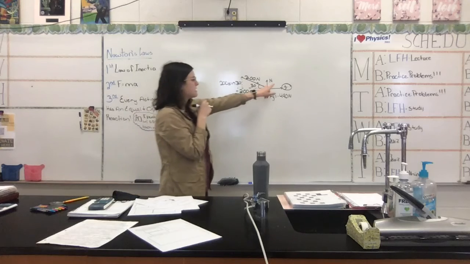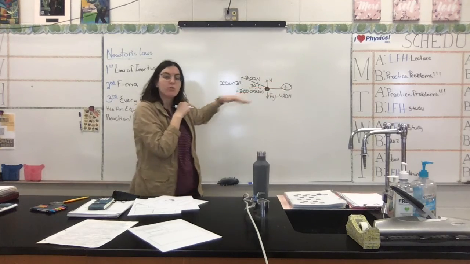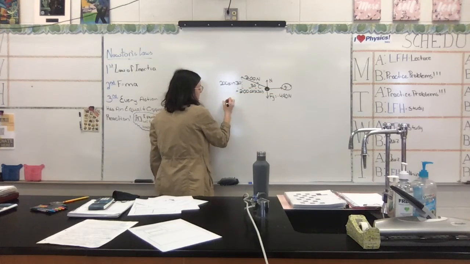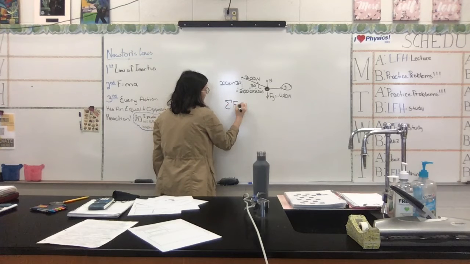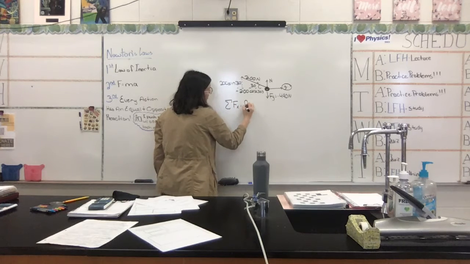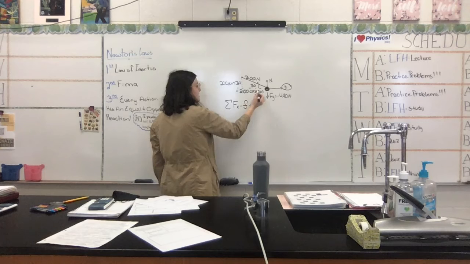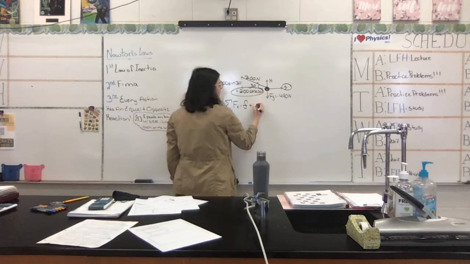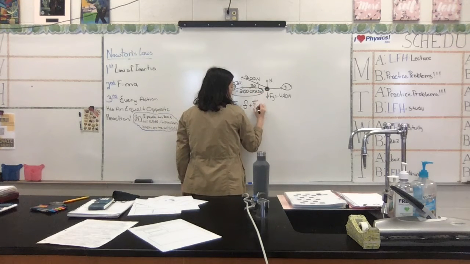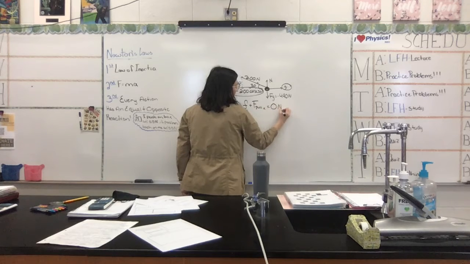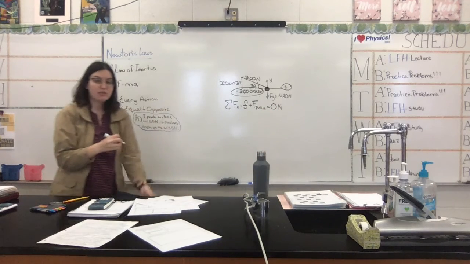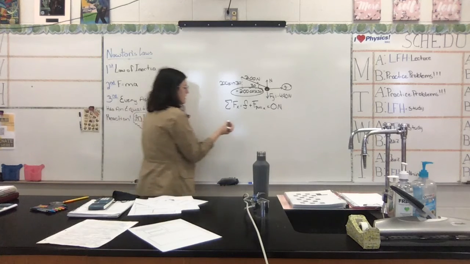Now what they're asking for us to find is this force of friction, which you'll notice is in the x direction. So we're going to want to sum our forces in the x direction, which means friction plus this X component of this pulling force, which will all equal up to 0 newtons since there's no acceleration going on, okay?